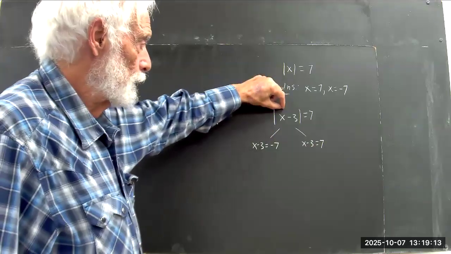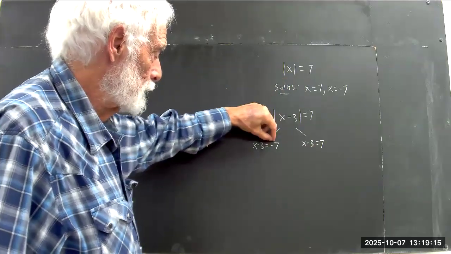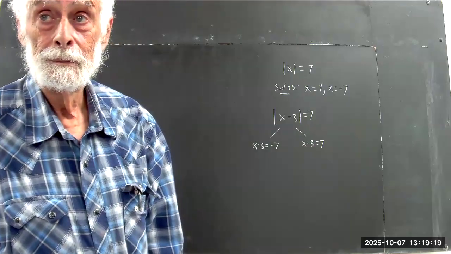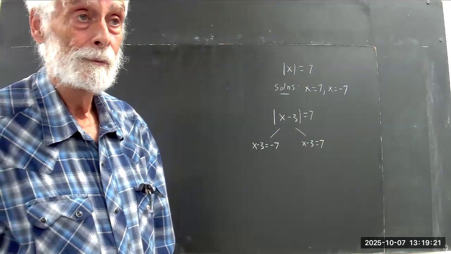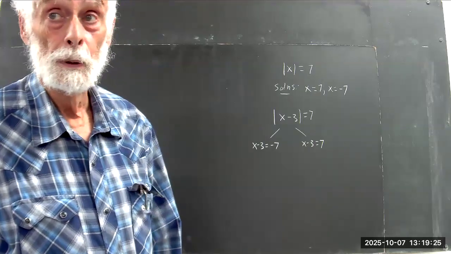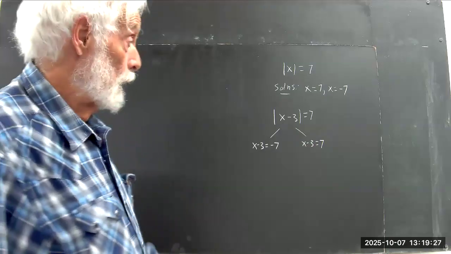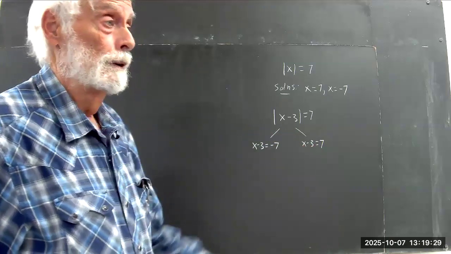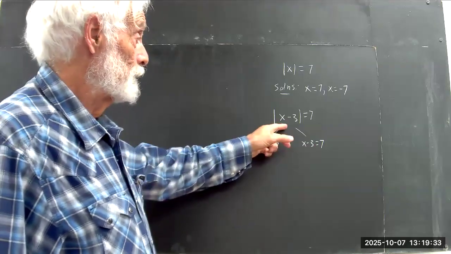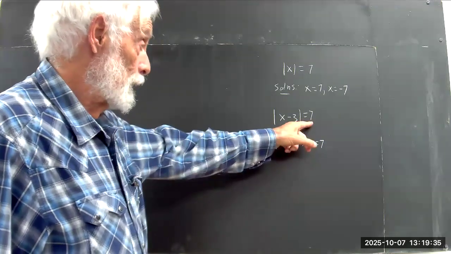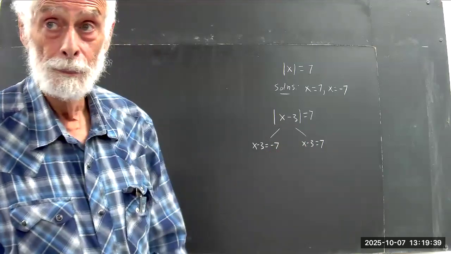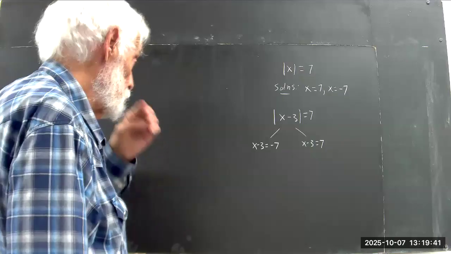If the absolute value of this thing is 7, then this thing has got to be -7 or it's got to be 7. Now, that's the basic thing you got to know about absolute value equations. They always break into 2 equations, one of which has the absolute value equal to the negative of this number, the other, the absolute value equal to that number.